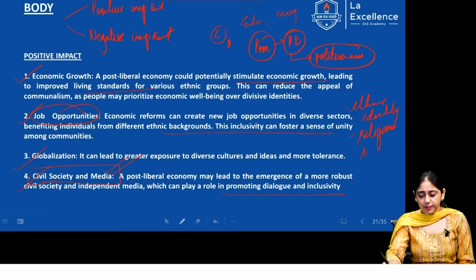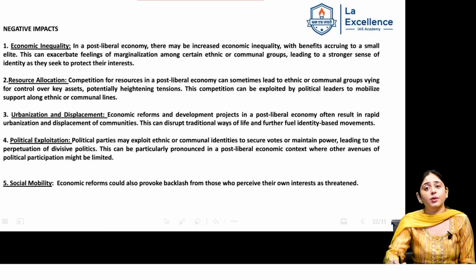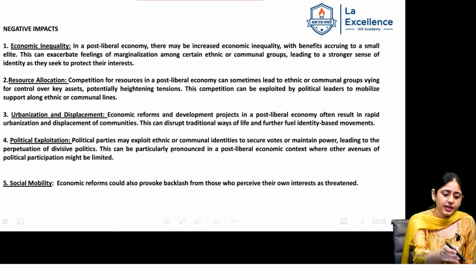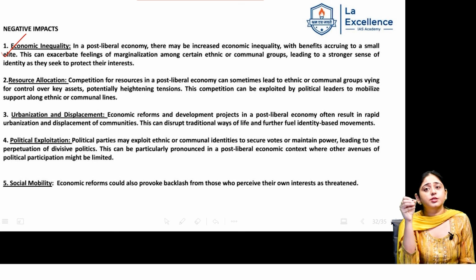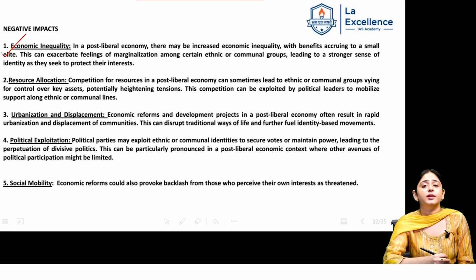Now there's a negative impact. Yes, there was economic growth, there were job opportunities, but it was not enough, right? Economic inequality also increased over the years. There were some communities which remained backward. There was not proper inclusive growth of all ethnic groups, all religious groups.